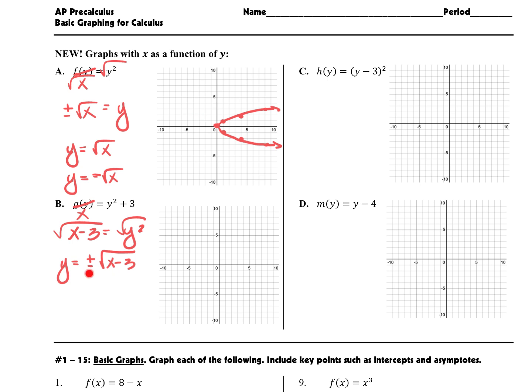Now that we know that this is just a horizontal transformation of that, we could just slide that over, or we could take this equation and separate it like we did a moment ago, write the two separately, and then graph this one and graph the reflection. I think that just shifting this one is going to be our easiest. So I'm going to go ahead and do that. We'll just move everything over 3 units.